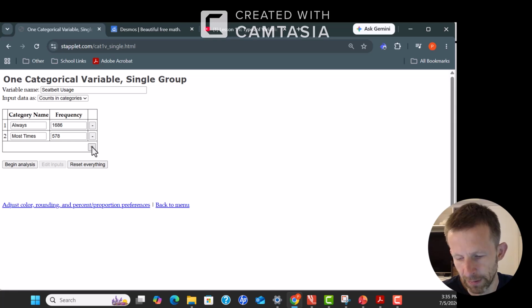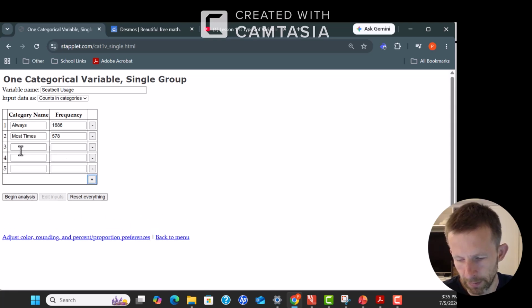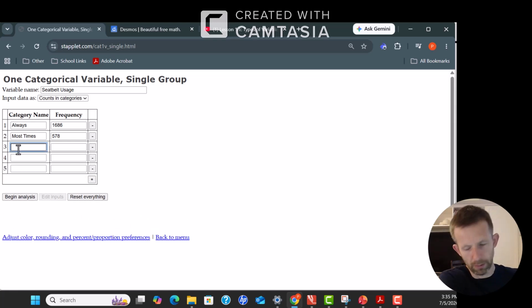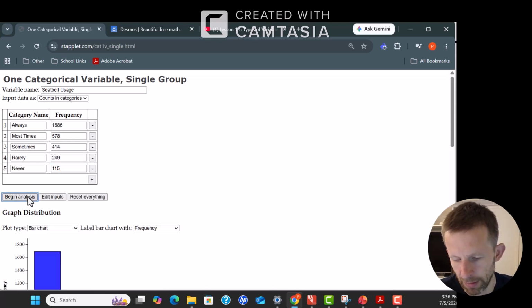For your first assignment, you will want to do a few of these. Sometimes, rarely, never. Sometimes is 414, rarely is 249, and never is 115. So we're going to begin our analysis.